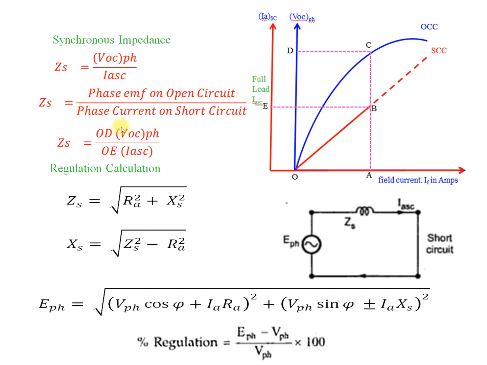But there is also one problem here. If we give the field current value as small as possible, then the open circuit voltage and the short circuit current will lie on the linear portion of the OCC curve. If we find the synchronous impedance from that value, it is said to be the unsaturated ZS value.